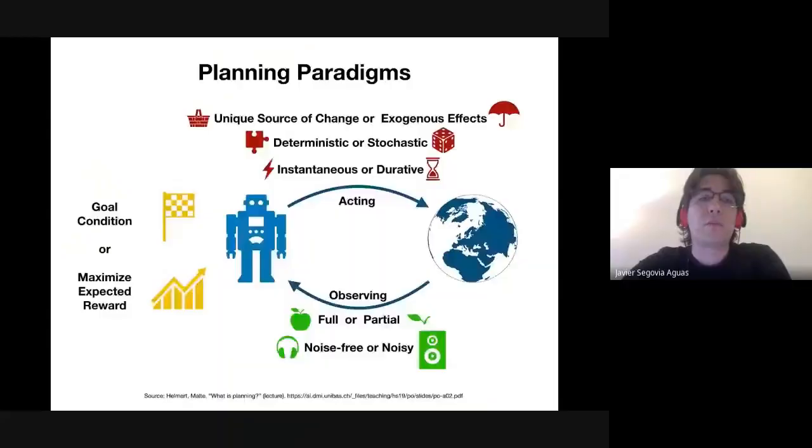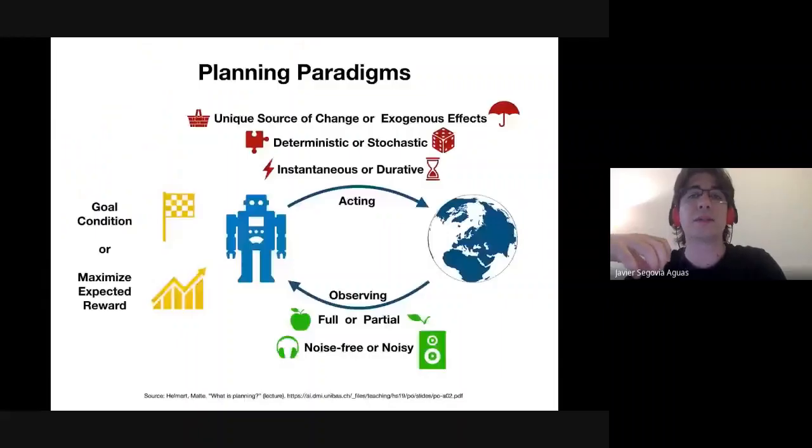So what are then the planning paradigms? We have this agent that interacts with the world and observes. And what is an action about? An action may be the unique source of change, which means that if we apply the action and the action has some effects, the only thing that will change the environment will be the effects of that action.